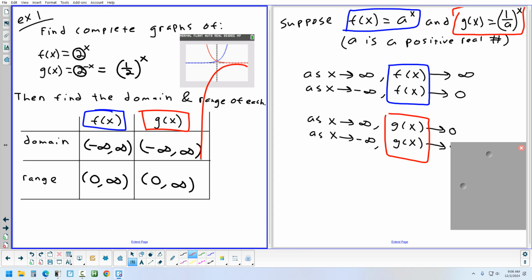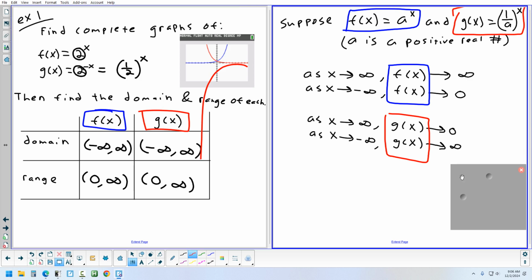So as you head to the left, the y value goes up to infinity, not negative infinity. Okay, so the top one, this is what we call growth, and the bottom one is decay.